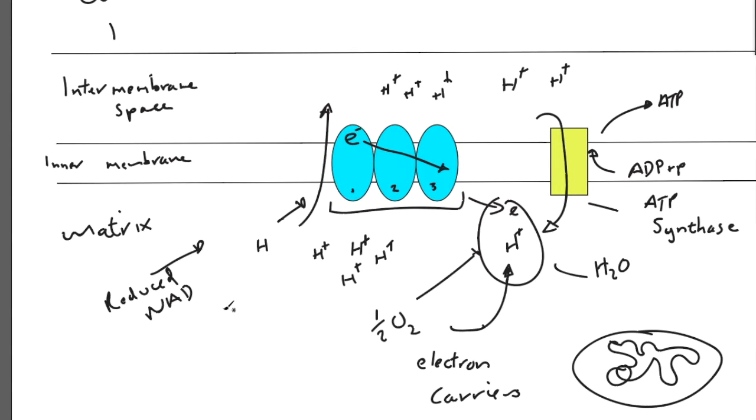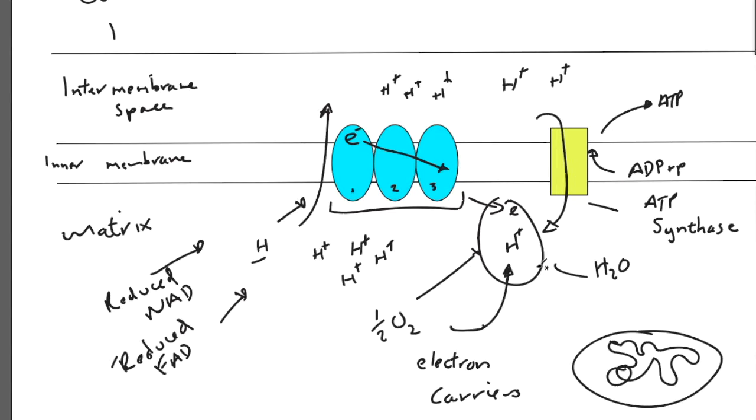You've got your reduced NAD coming in, and reduced FAD also comes in here. It's just a bit of a lesser molecule. I'll explain what I mean by that in a minute. This does the same thing. They both drop off this, and that gets split. The electron goes into the electron transport chain and loses energy. As it loses energy, these protons pass through into the intermembrane space, and they try and get out.